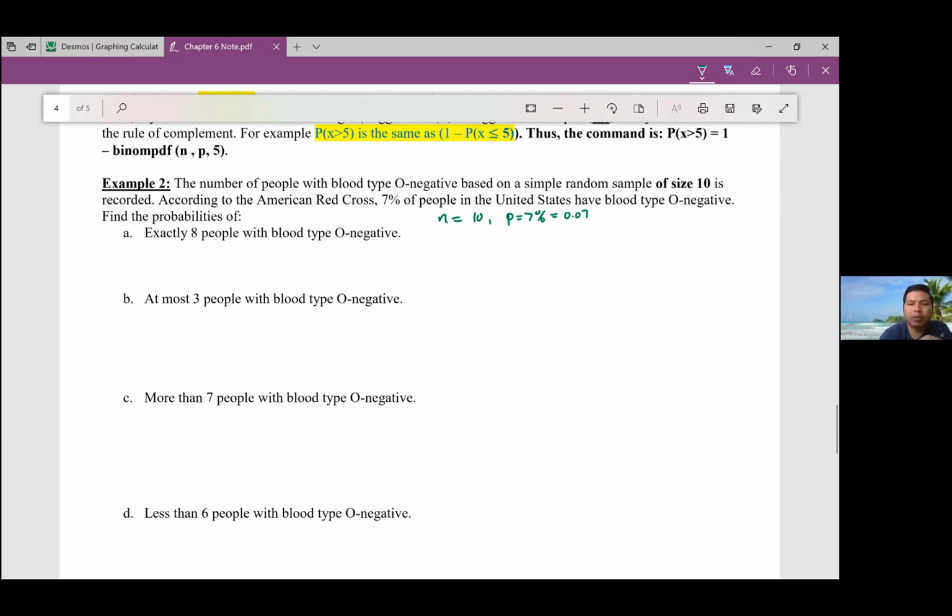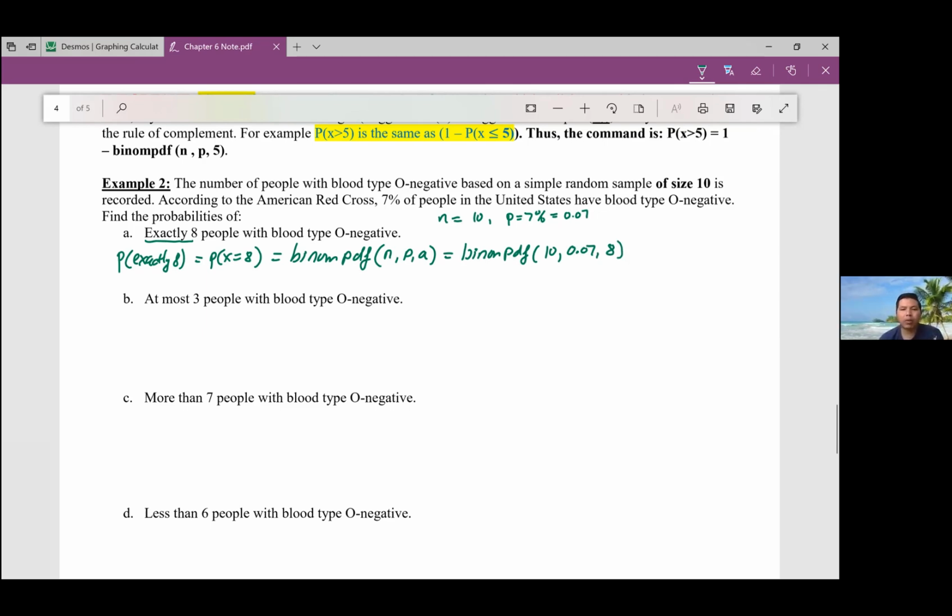We want exactly 8, so the probability of exactly A will be P of X equal to 8. That becomes binompdf. I want to use PDF here because it's exactly A, so I will have n, p, and then A. In this case I use the command binompdf with a sample of size 10, probability of success 0.07, and exactly 8 out of that outcome.